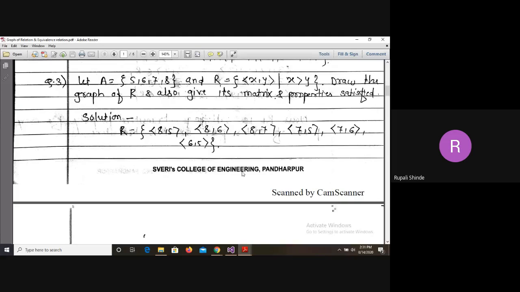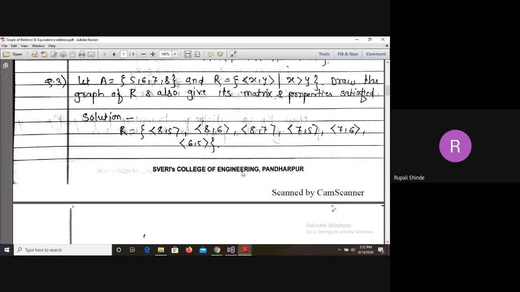Whether it is reflexive, whether this relation is reflexive? Irreflexive, ma'am. It is irreflexive because there is no reflexive element.